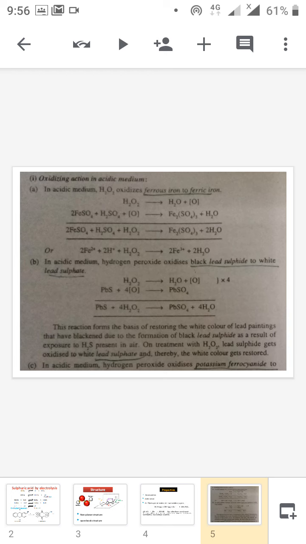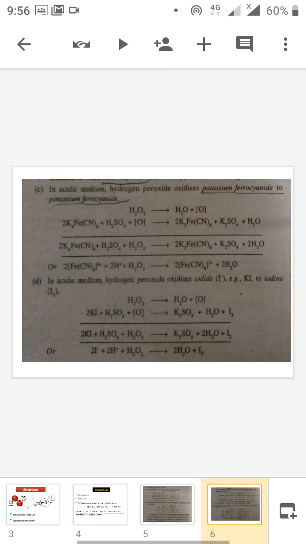The next example is hydrogen peroxide oxidizing black lead sulfide to white lead sulfate in acidic medium. The first step is common: hydrogen peroxide decomposes to water and nascent oxygen. This nascent oxygen reacts with lead sulfide, PbS, in acidic medium and sulfide is converted into sulfate, SO4.